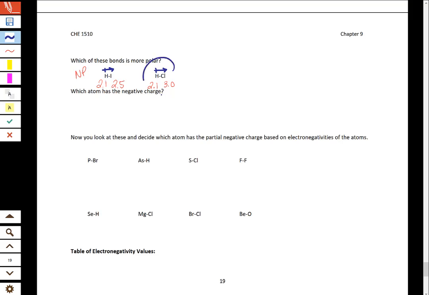When we draw this arrow, where the arrowhead is pointing is saying that this atom has a partial negative. And see how we have a little positive charge at the tail of the arrow? That's saying that that part has a partial positive.